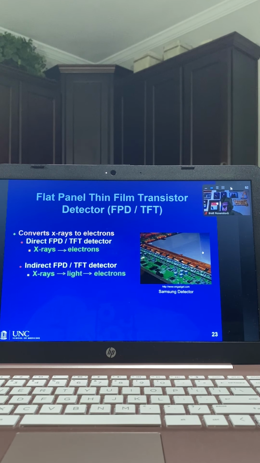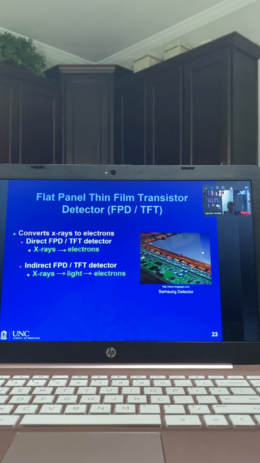Exactly. So the light guide, it's made of fiber optics. It will collect that light, and then it sends the light to a photomultiplier tube, and that's where the light will get converted back into electrons. And those electrons, that's our image data, and that's what we call an electronic signal. Okay.